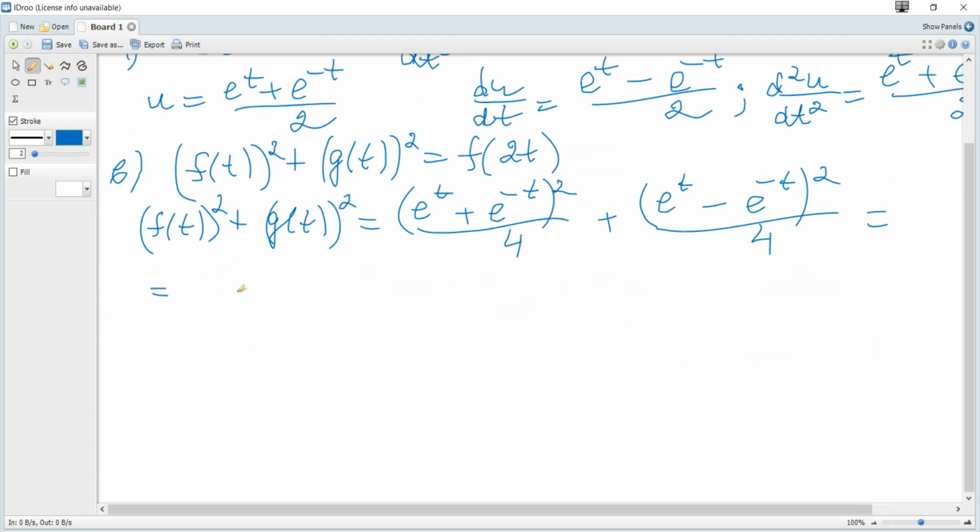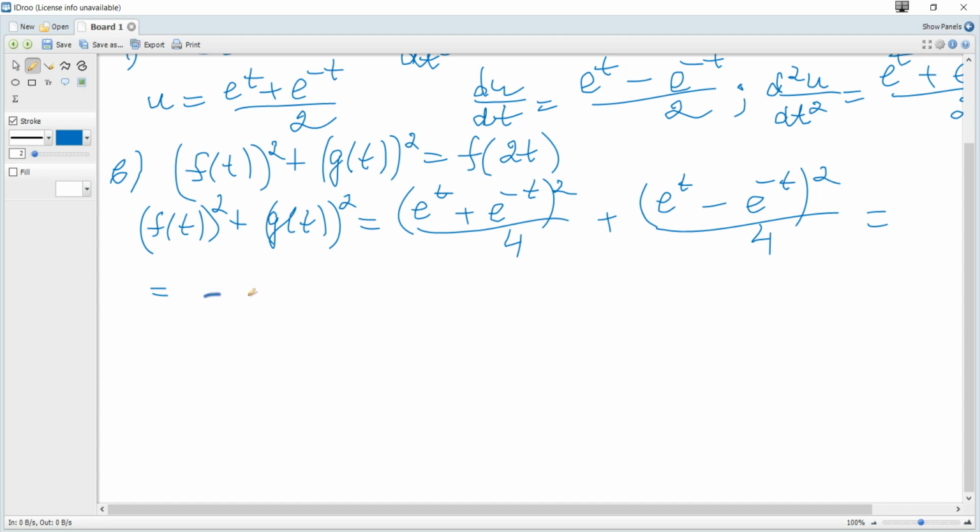And applying a formula, a plus minus b squared is a squared plus minus 2ab plus b squared, we get the next.